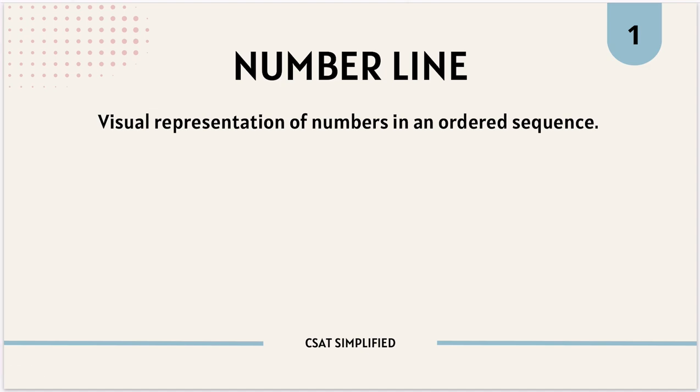So what exactly is a number line? A number line is simply a visual representation of numbers arranged in a sequence, right? I'm sure you must have seen a line similar to this in your class 6th, 7th, 8th or whatever, where you have seen that numbers are represented on a single line. This is known as a number line where the center point is 0.